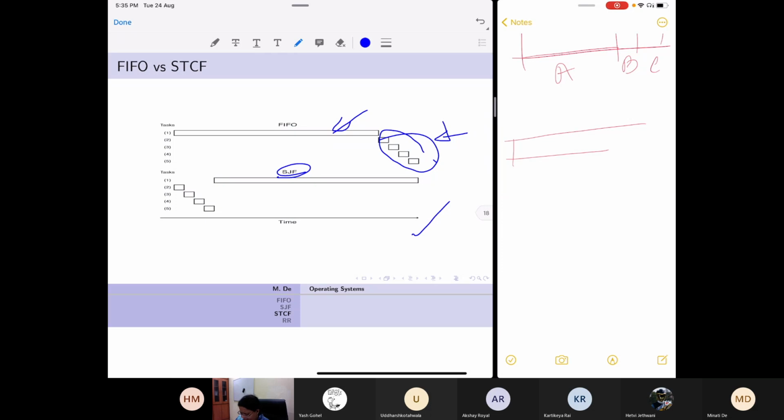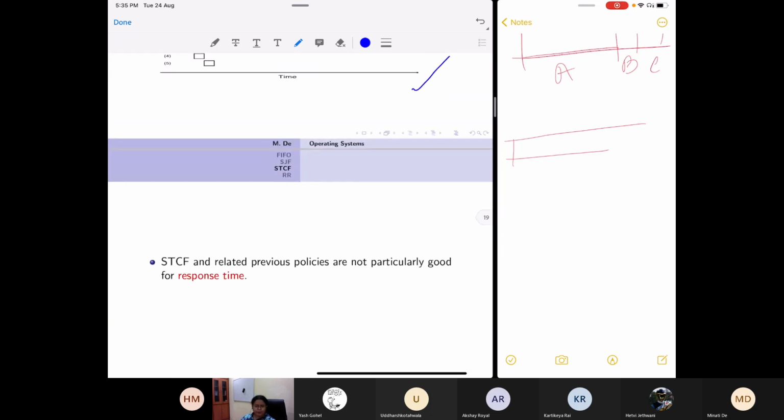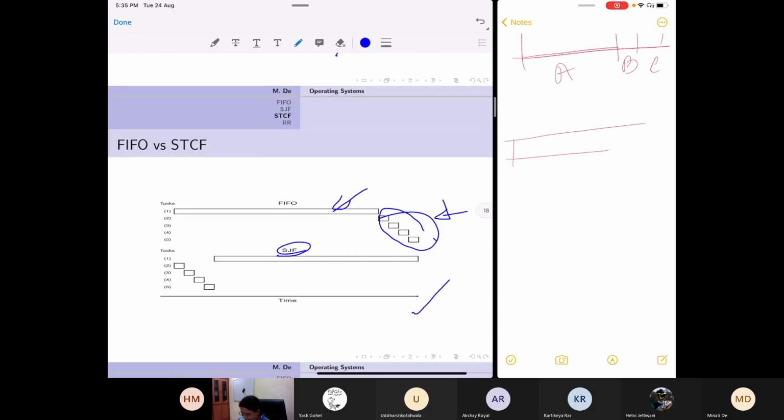But here again, with respect to response time, both of them are relatively slow, I would say, right? Because if you see here, this second job, third job, fourth job, they all had to wait for a long time, right? So what is the response time? If you remember, the response time is the time when the job came first and when the job was scheduled first. That gap is basically the response time, right? So you want to minimize that response time.